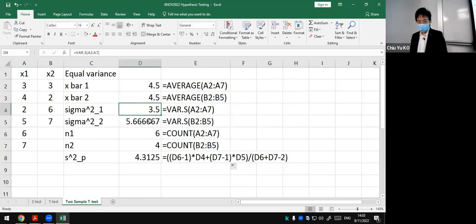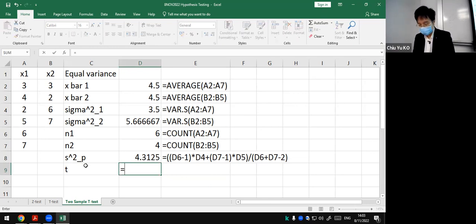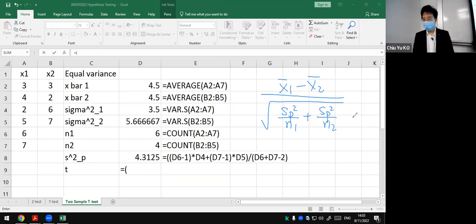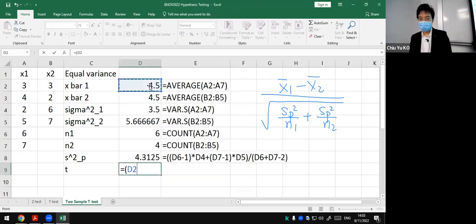right? So now we can calculate our T-stat, right? The T-stat is simply, if you remember how we calculate the T-stat here, the T-stat is x1 bar minus x2 bar, right? And take a square root, SP square over N1 plus SP square over N2, okay? So what we have is just, actually, it's just 0, right?